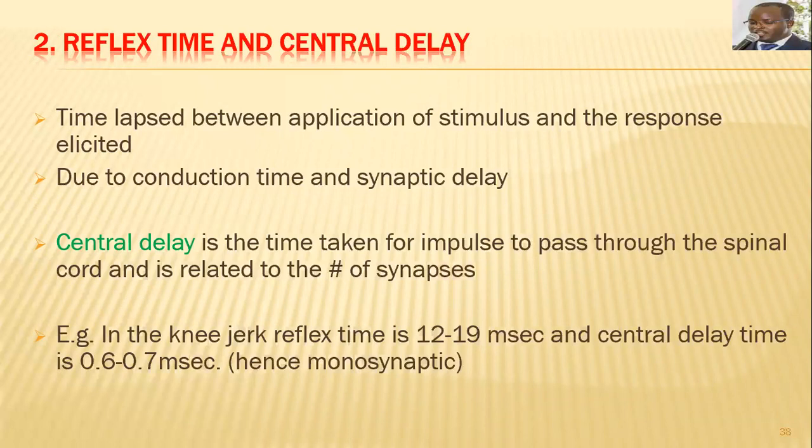Maybe it will be 0.14, 0.15 seconds. That's just the central delay time, depending on the number of synapses. So the greater the central delay, it means that you have more synapses, or you are involving more interneurons or relay neurons in the spinal cord. So this is a property of reflexes.